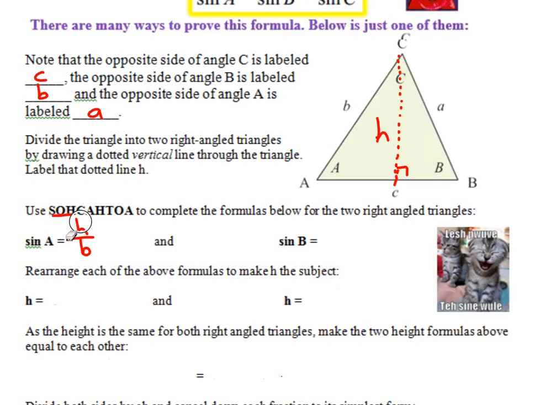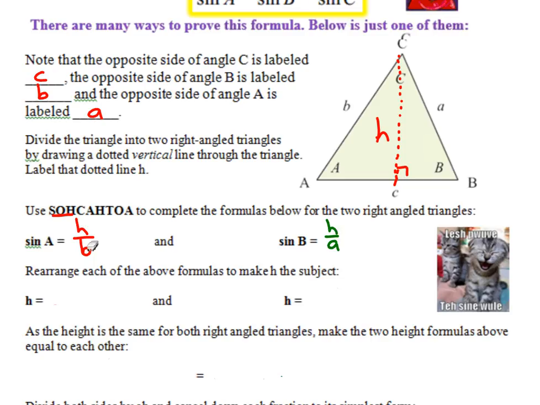So sine A is H over b. And sine B, dealing with this right angle triangle over here instead, is again opposite over hypotenuse. The opposite is H, and the hypotenuse is lowercase a. So sine B is H over a.